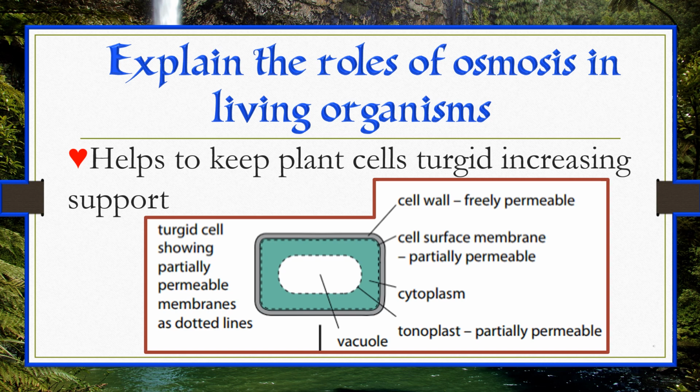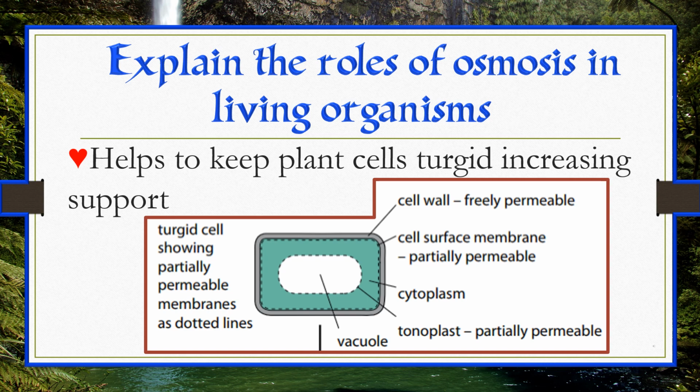So when we have our cell, the cell sap is hypertonic and the surrounding area is hypotonic. So water will move by osmosis from the surrounding area and enter into the cell vacuole.